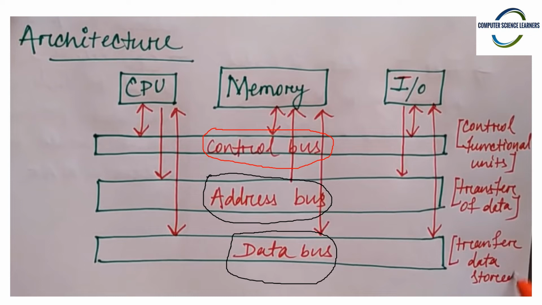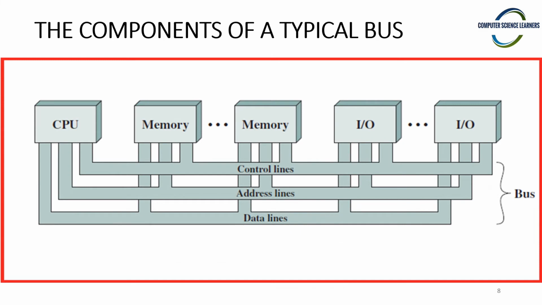And the control bus is also unidirectional because generally the control unit sends the control signals to all other units. So the control bus controls the overall functionality of the system. The address bus is for accessing any address in the memory, and the data bus is for the transfer of data to and from the memory, right? So these are the different components. We have control lines signifying the control bus, address lines, and data lines.